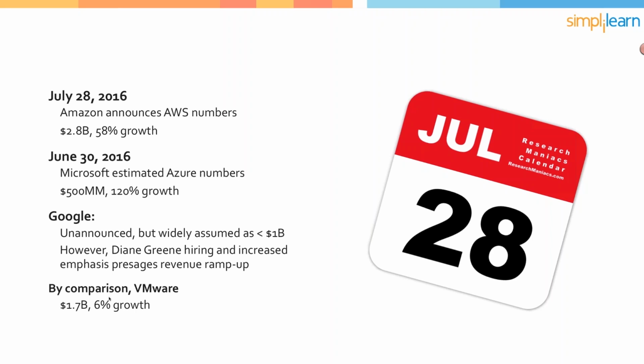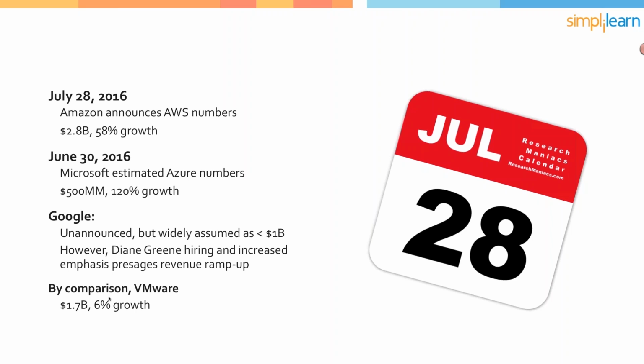So it's kind of difficult because they announce a general number, but I've gone back through and extrapolated, correlated, interpolated all of the estimates I've seen for Azure, and a conservative number is $500 million per quarter, but with about 120% growth. So even though Amazon's growth rate is extremely impressive, Azure's is higher than AWS, as you might expect on a smaller base.